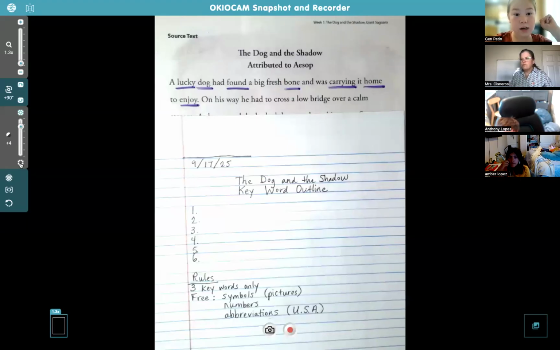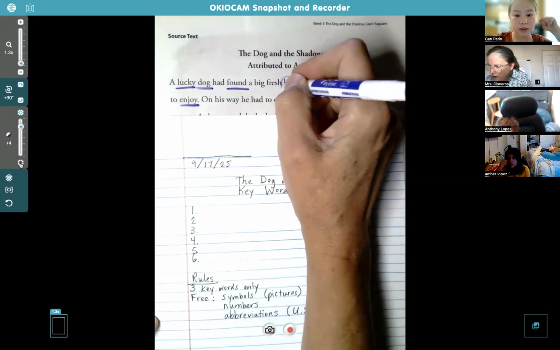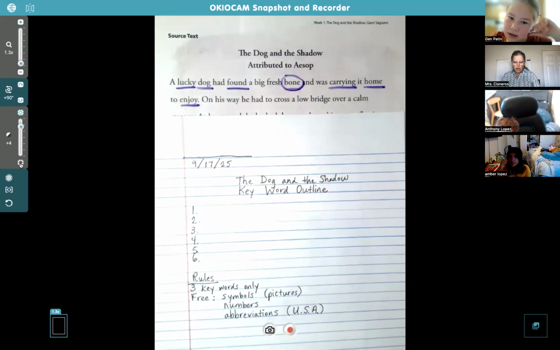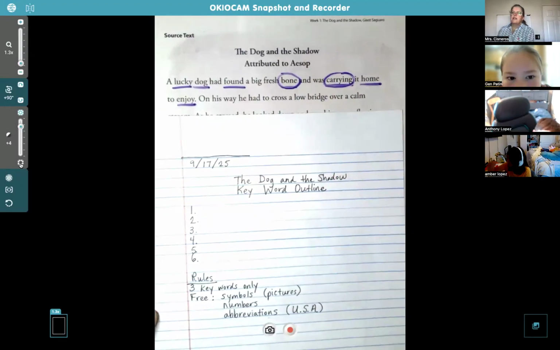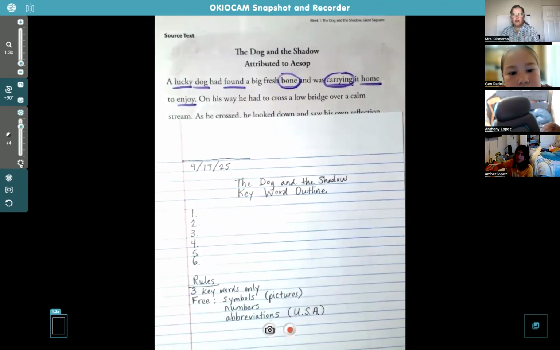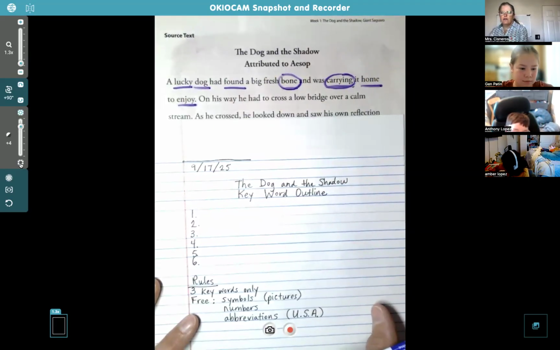Bone, for sure. Let's circle bone. That's going to be super important. I think carrying, because we've got to know it's in his mouth. And we know the only way for dogs to carry something is in their mouths. They don't have hands, right? So they're going to carry it in their mouth.